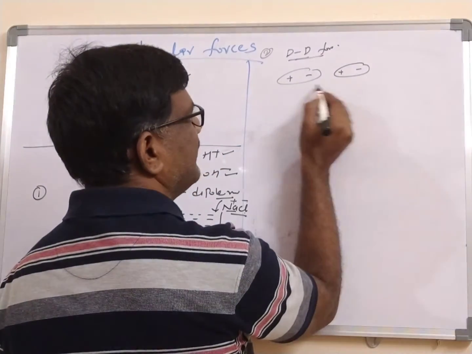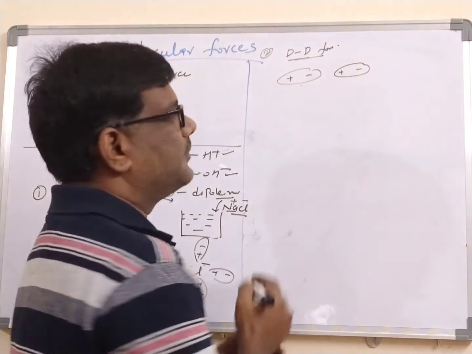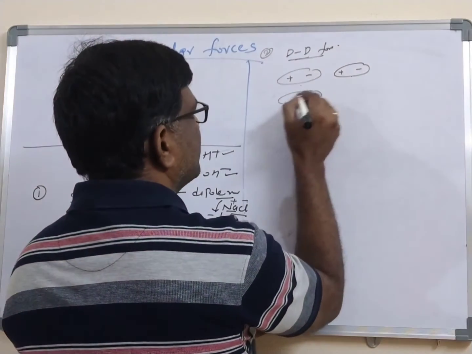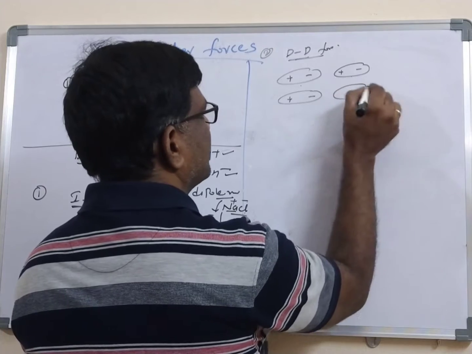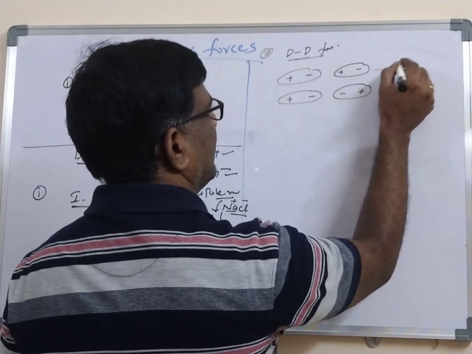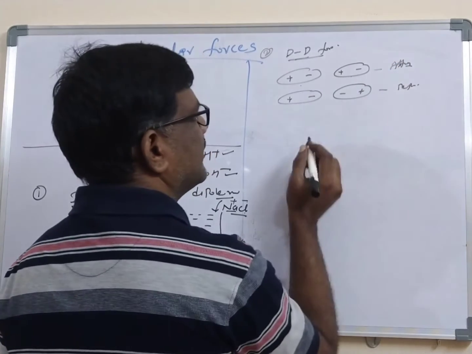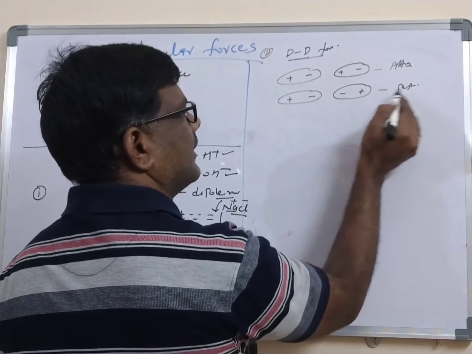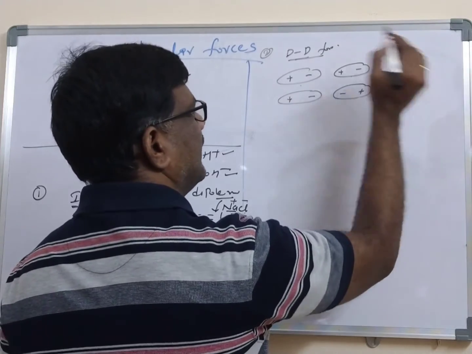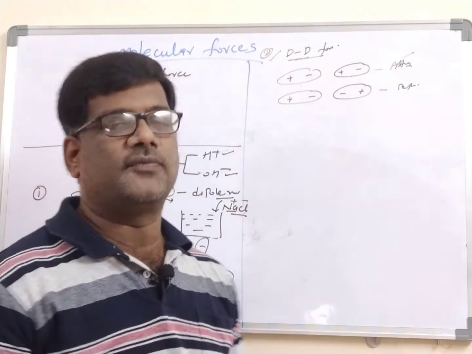You have the choice to take it like this also: negative, plus, so negative plus. Here attraction takes place. Negative, negative, repulsion takes place. Like poles will have repulsion, unlike poles will have attraction. And this type of attraction is called the dipole force.